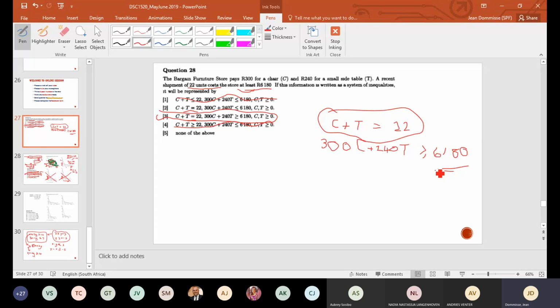Those are the two things that could have caught you out, and it would have caught me out. I would have gone for smaller or equal to, so I would have probably gone for option 1, but then I would have looked at that and maybe seen smaller than, and then I wouldn't have known, and I probably would have gone for none of the above.